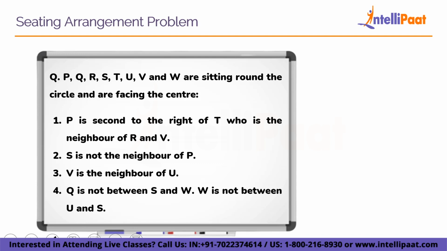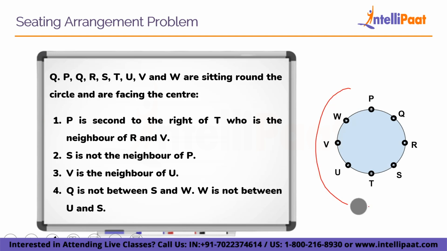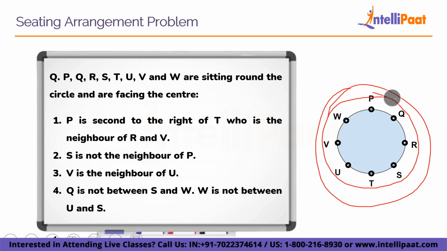They have given us some information, and using this information we have to give their final sitting arrangement. So let's make a sample diagram for their circular sitting arrangement. I have made a sample diagram, placing all of them, P, Q, R, S, T, U, V, W, in a circular form, and now using this information we are going to get their final sitting positions.